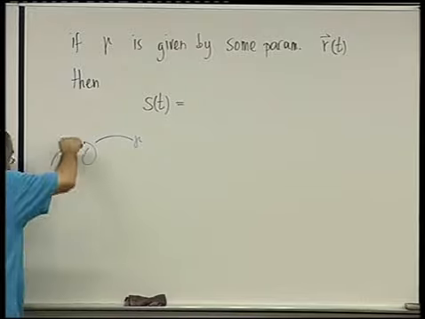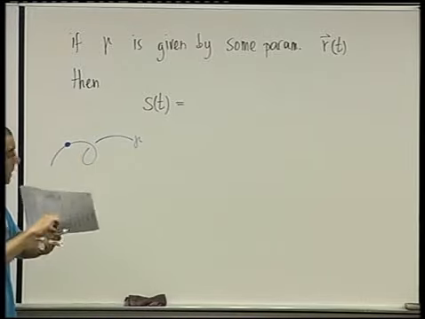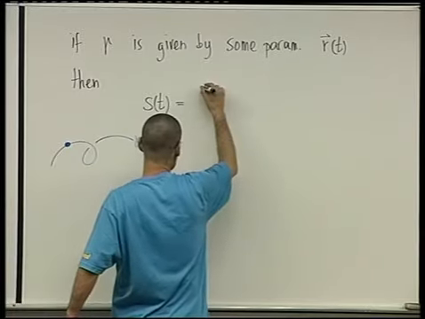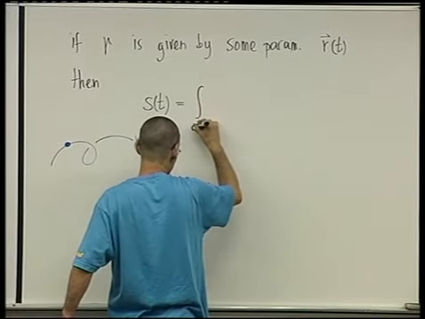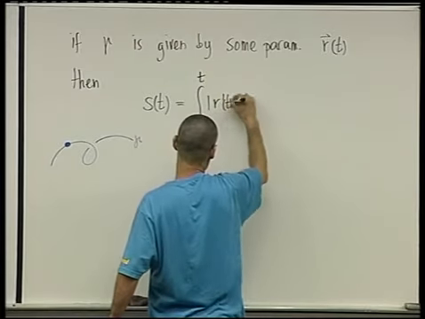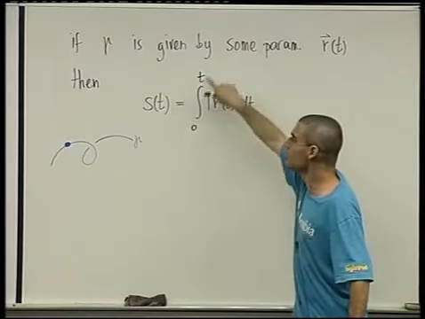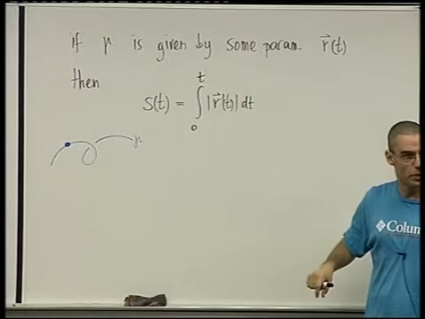What would be the S corresponding to this point originally given in t? It would be the integral from 0 to t of the norm of r prime of t dt. This is the length of the curve up to that point t. Do you agree?